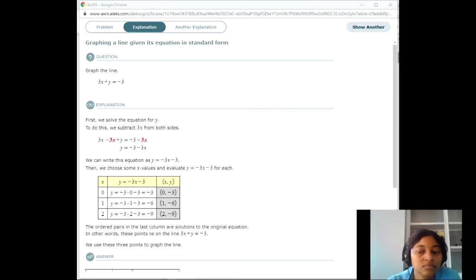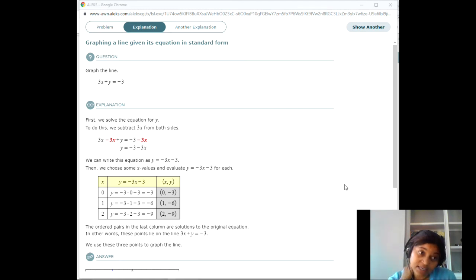Graphing a line given its equation in standard form. 3x plus y equals -3. So here what we have to do is replace the x, you see here they have x values 0, 1, and 2. So what we're going to do is replace the x with 0, 1, and 2.